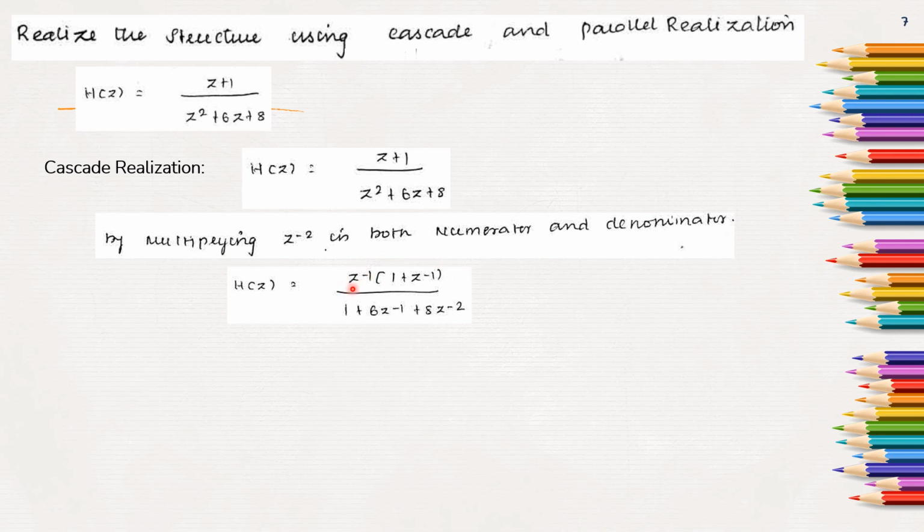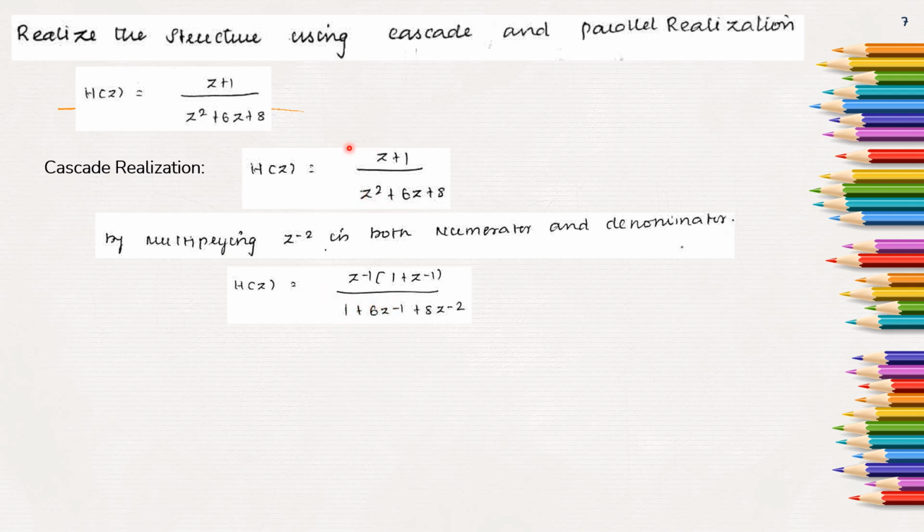In the numerator I get z power minus 1 into (1 plus z power minus 1), and in the denominator I get 1 plus 6 z inverse plus 8 z power minus 2.